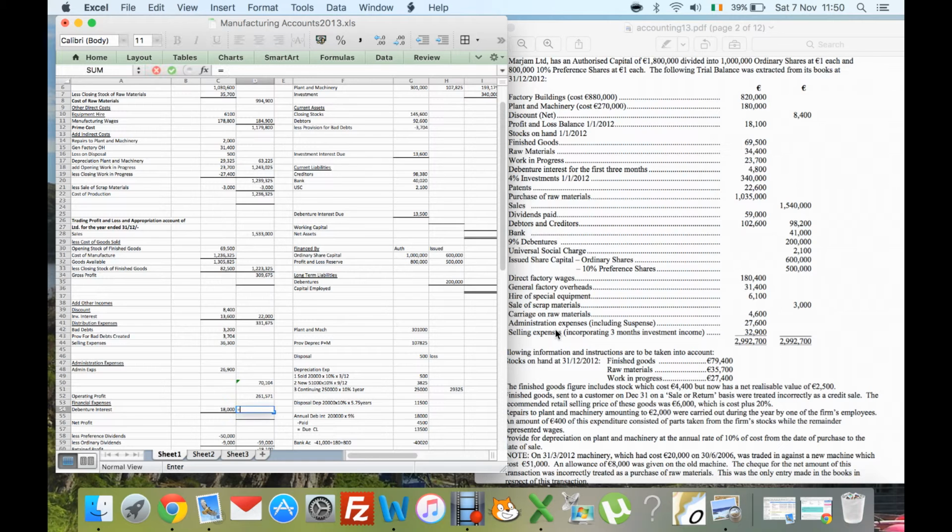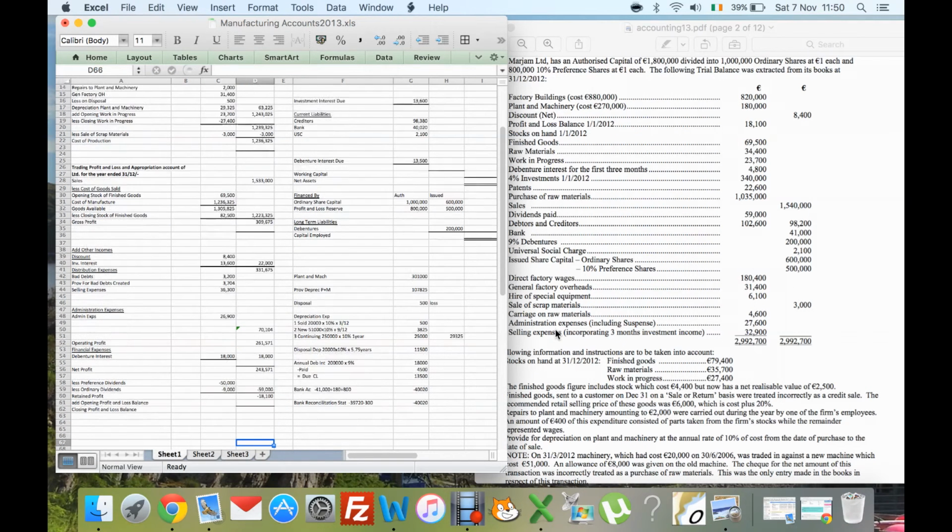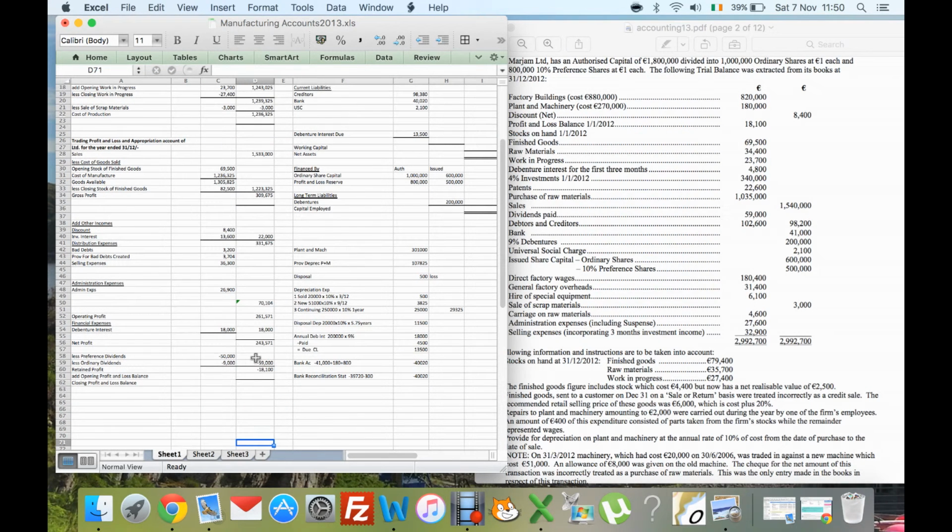Then we'll have our debenture interest. So I'll take the debenture interest away, and that will give me my net profit. Now my dividends. So I'm taking away, I've put my opening profit and loss balance in the wrong place. So my net profit, taking away my dividends, gives my retained profit.